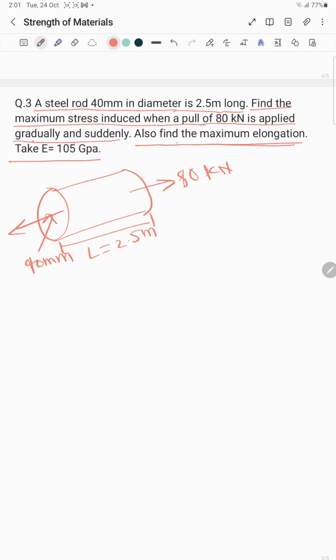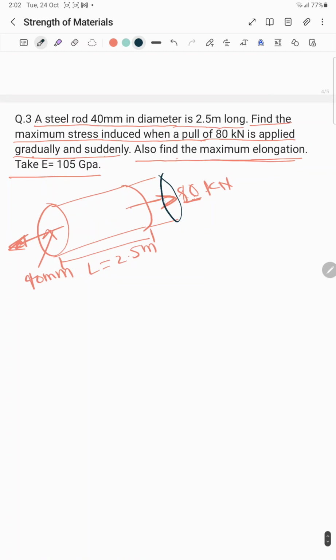Maximum elongation means, when we apply a load on this steel rod, the rod will get elongated because of the loading action. So this length we have to find, this length delta L. It's nothing but the elongation of the steel rod due to the applied load.